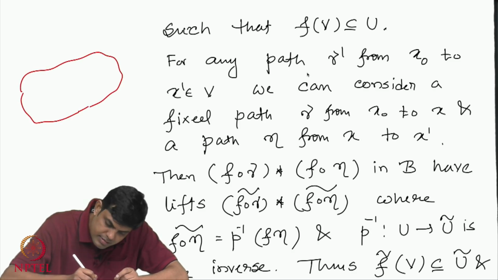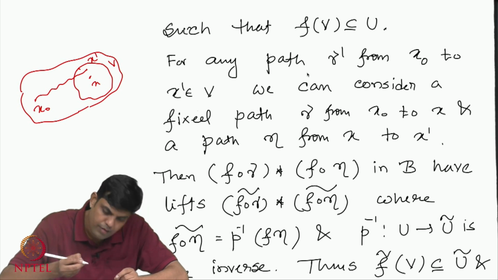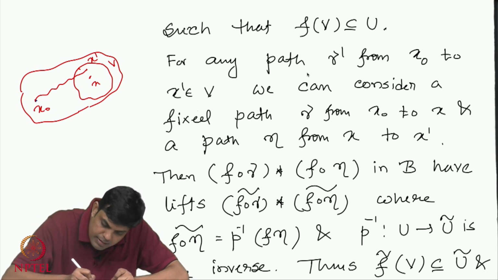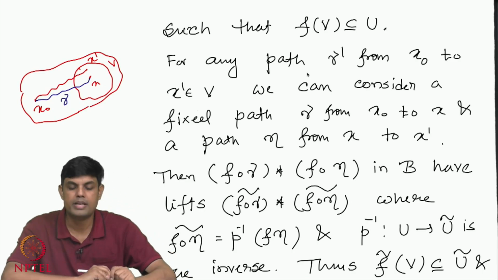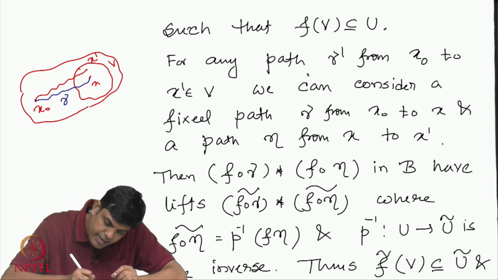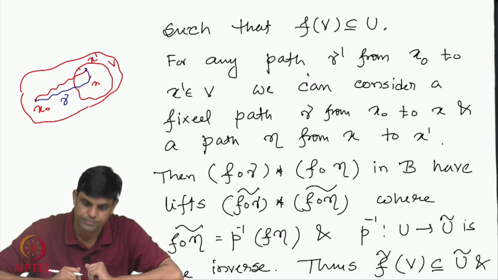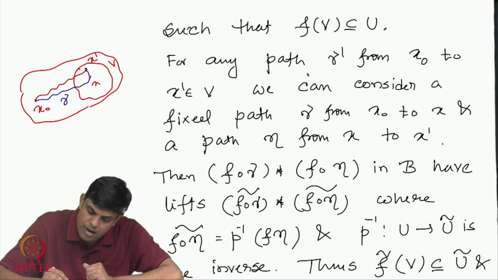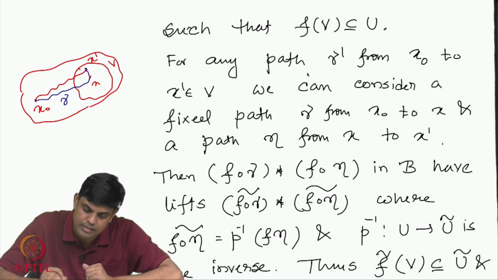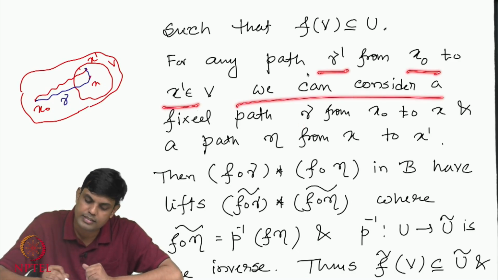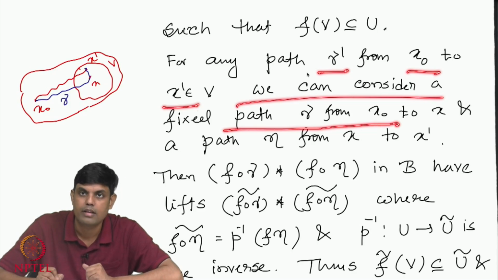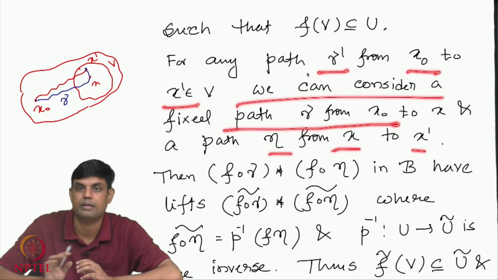What I can do is fix a path gamma from x0 to x, and then for any other path eta from x to x prime, I will get a path from x0 to x prime. So for any path gamma prime from x0 to x prime, we can consider a fixed path gamma from x0 to x and then another path eta from x to x prime.